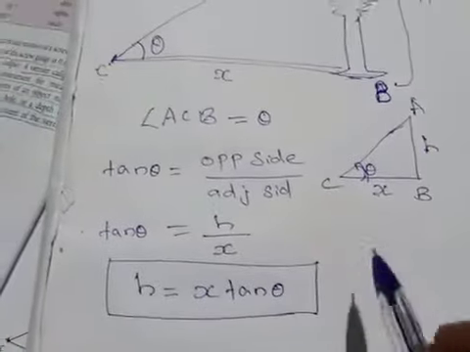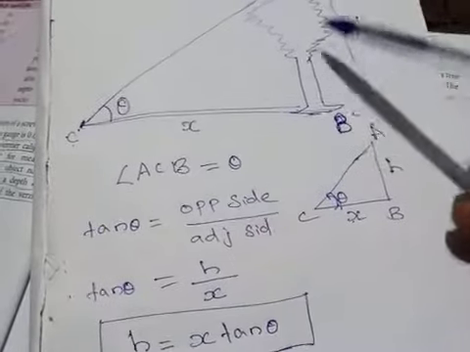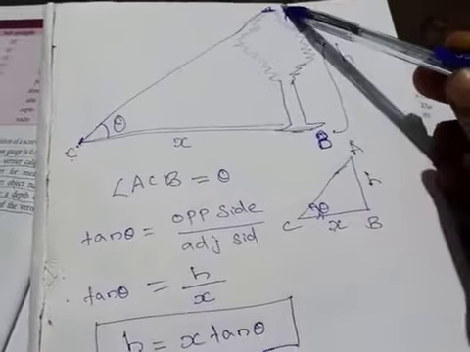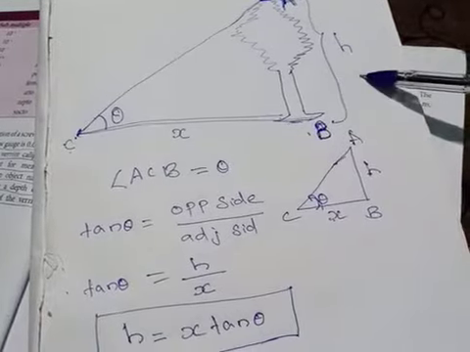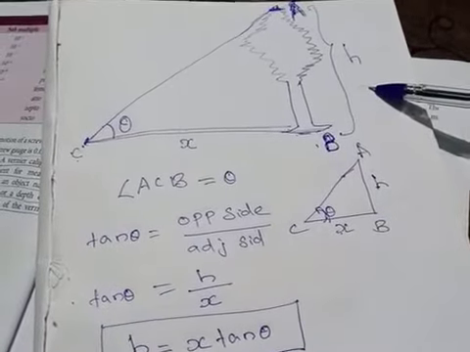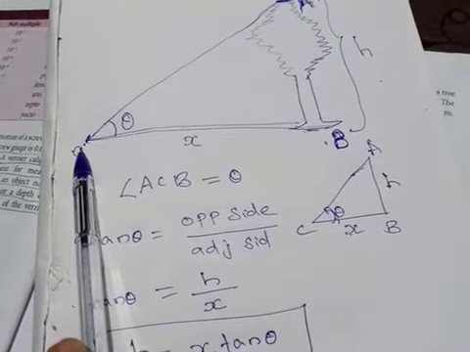Again, I will explain. You can see the height of this tree. You can consider two points A, B. The height of this tree is h. And now there is a point of observer.